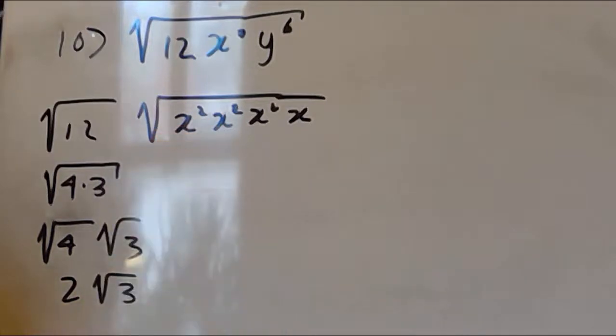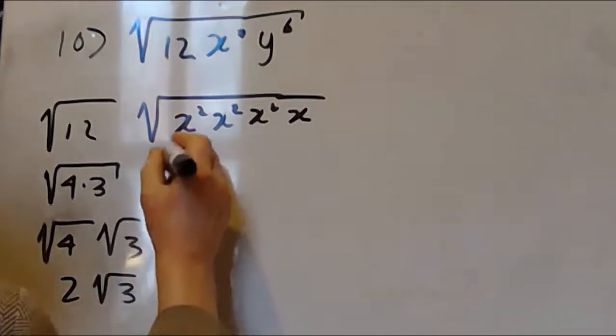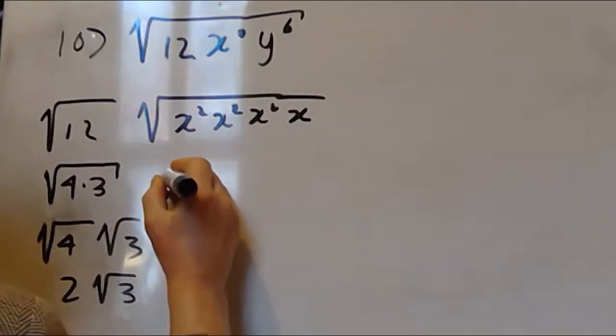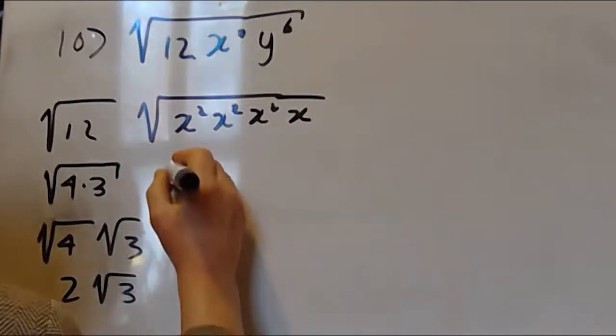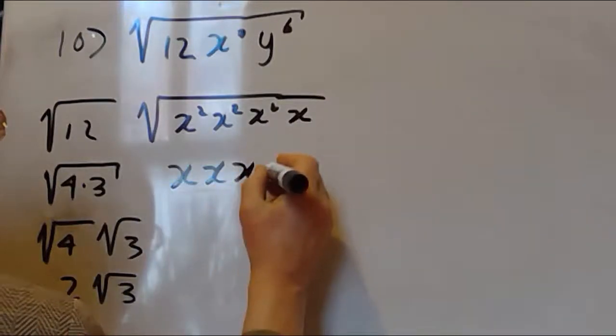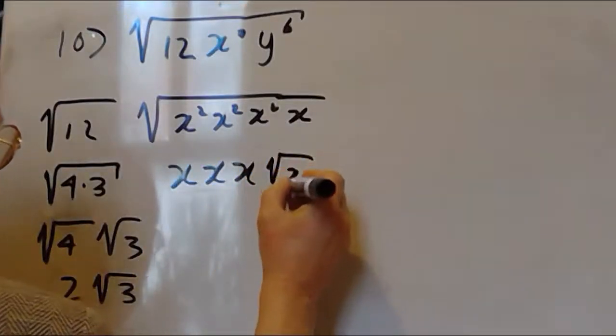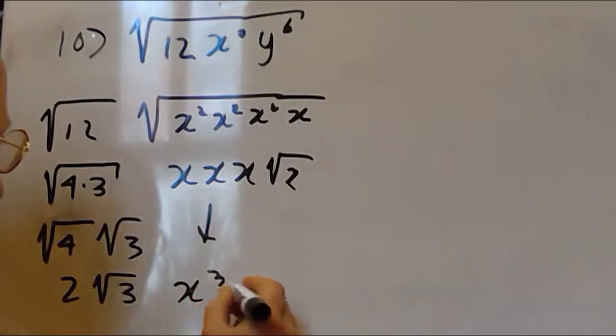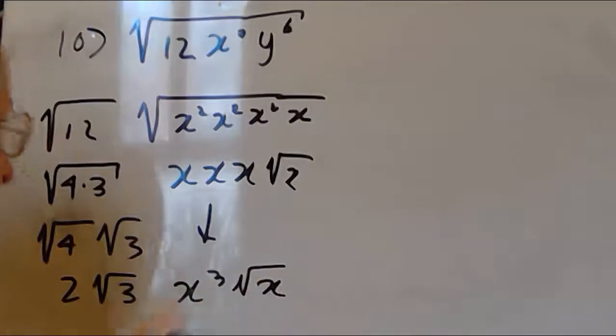So we can take out the ones that are perfect squares, which would be our variable perfect squares, and write those as x, x, x, and then square root of x, which we can finally write as x cubed square root of x.